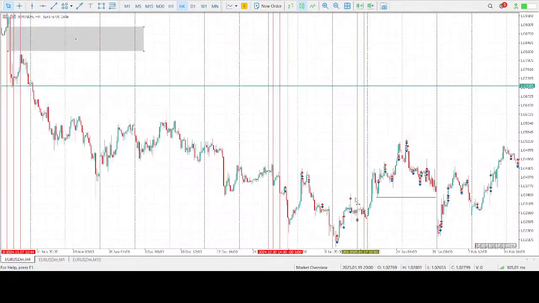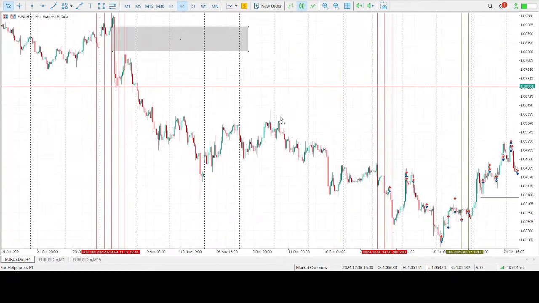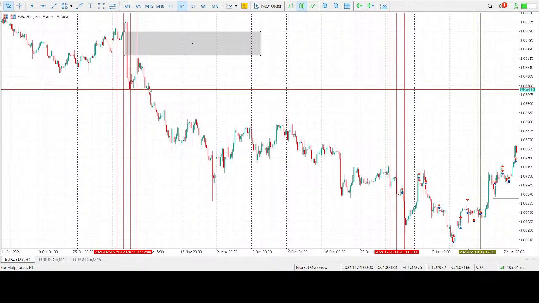So that's why we have a break in market structure shift. The initial scaling would be to that, or to this as well.